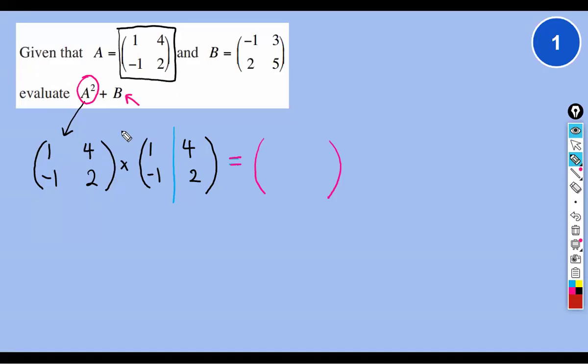The first answer is supposed to be, let me just make sure, 1. It's supposed to be -3. And down here, that is another -3.